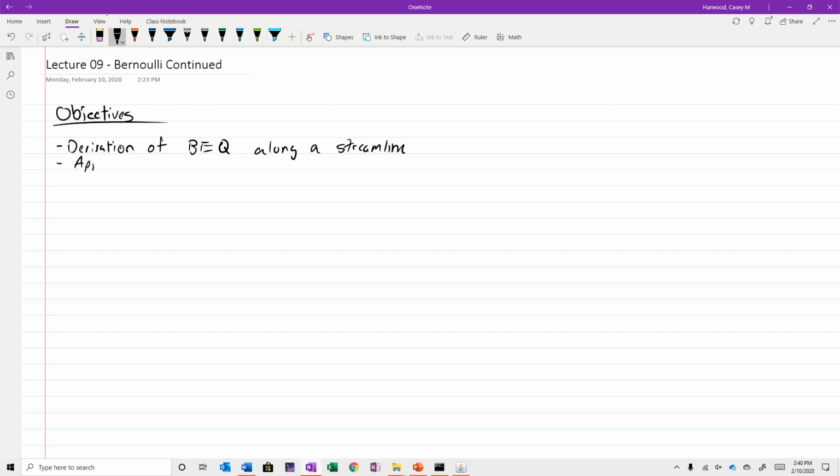As well as learn how you apply the Bernoulli equation between 2 points in a steady flow. And third is derive and apply the Bernoulli equation across streamlines.